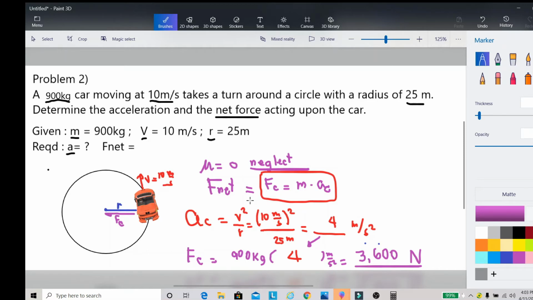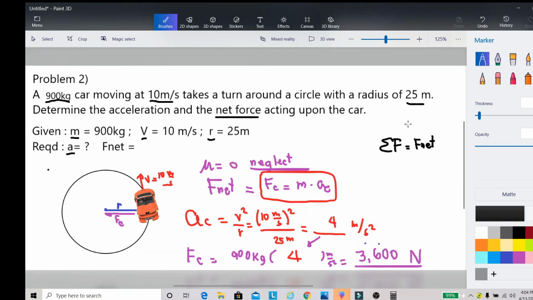Okay, that's how easy it is kapag walang masyadong ibang forces kapag yung Fnet natin is equal to the centripetal force. But there are times na ikinukonsider natin yung friction, then simple lang din naman yon. We just have to sum up forces and apply Newton's second law, summation of forces is equal to Fnet. Okay, so that Fnet is equal to and then we equate that zero.